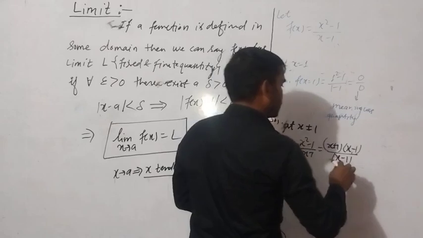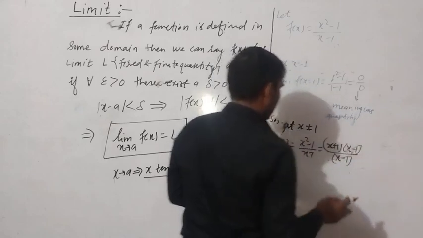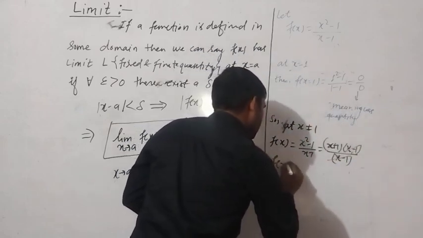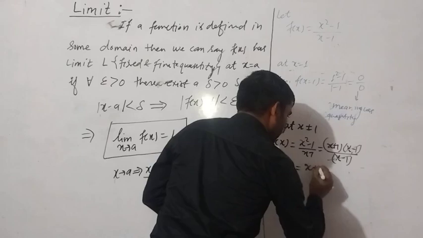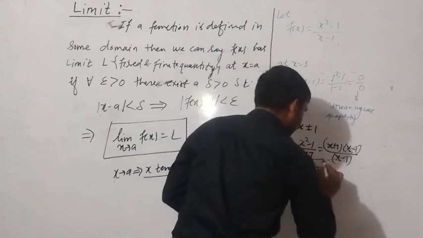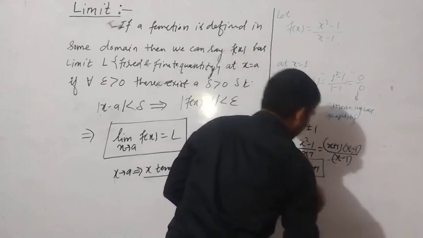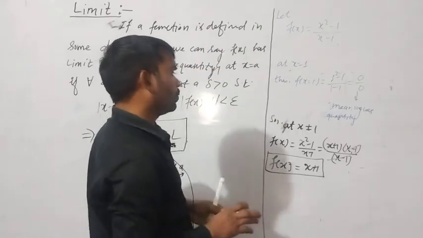So here we can see that this x minus 1 can be cancelled out. So finally this function converts into the x plus 1 form. Okay, this is for x not equal to 1.